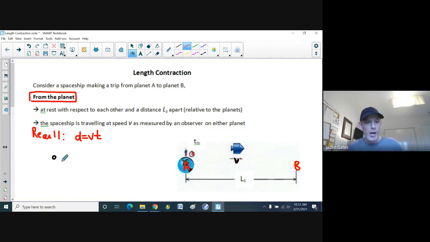Now, for us, the distance from one planet to the other is called L_S, because that is the length that this person who is stationary, this person here on planet A, would measure. Planet B and A are a distance of L_S apart. If this person on Earth could take a measuring tape and measure across, they would get distance L, and because nothing's moving relative to them, it's called L_S.